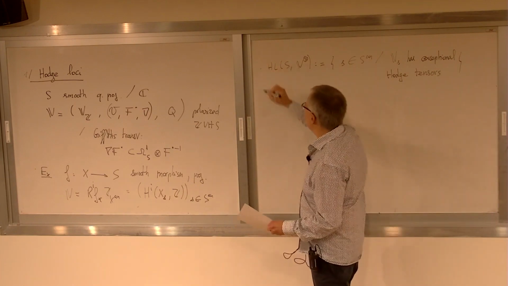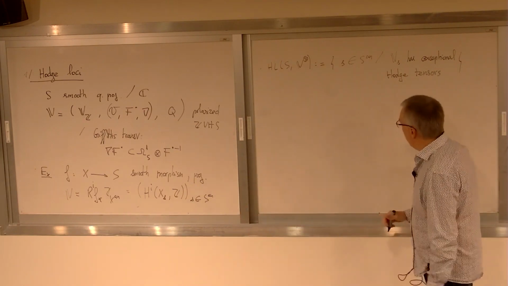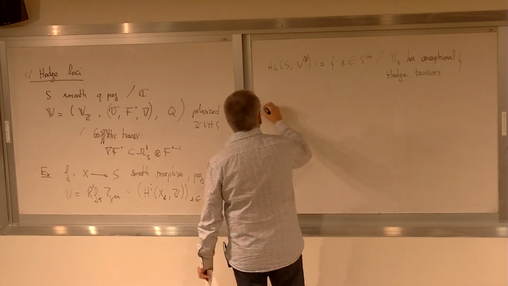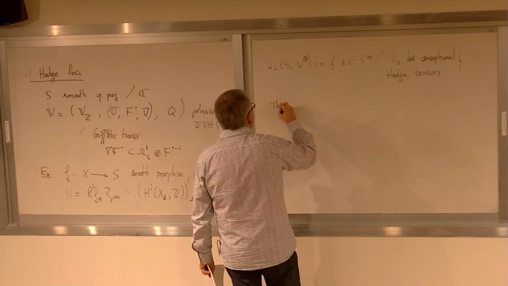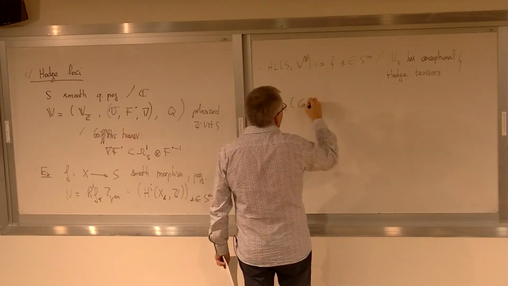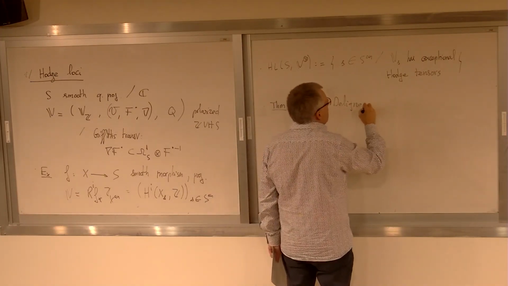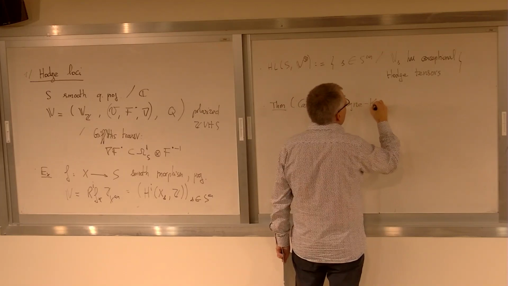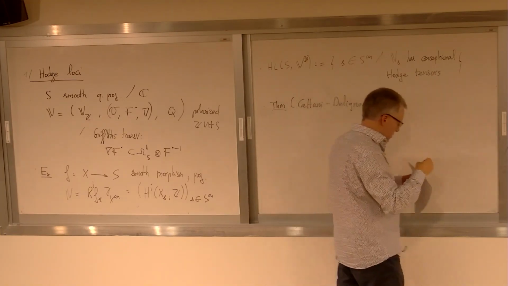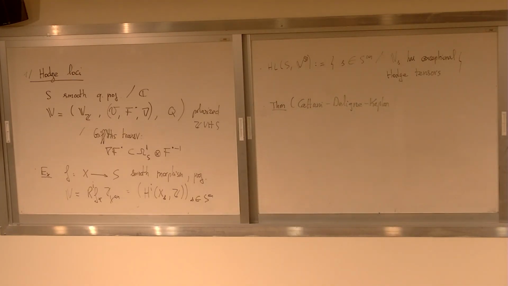This is what is called the Hodge locus. And Griffiths stated the main result in that direction, which is the following theorem of Cattani, Deligne, and Kaplan, from 95.